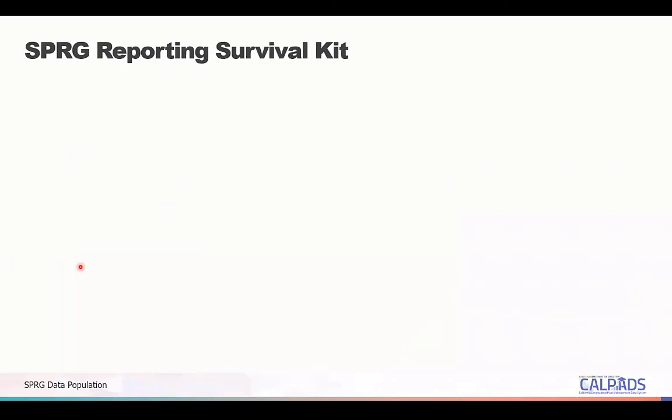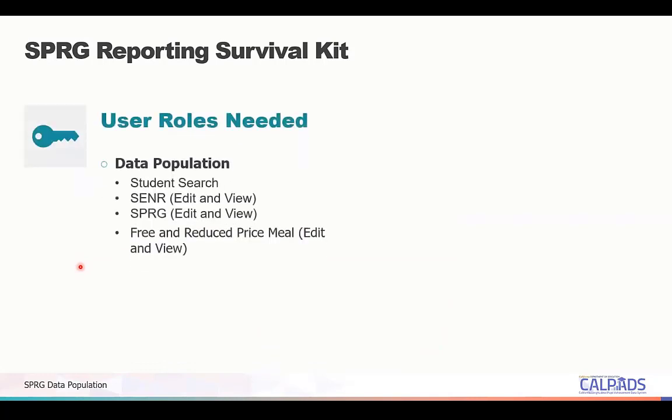To successfully report student program data in CalPADS, users need to have the proper roles assigned. For data population, these are the minimum roles you need to submit data effectively. First is the student search, to allow users to search for students using the SSID or student demographic information.